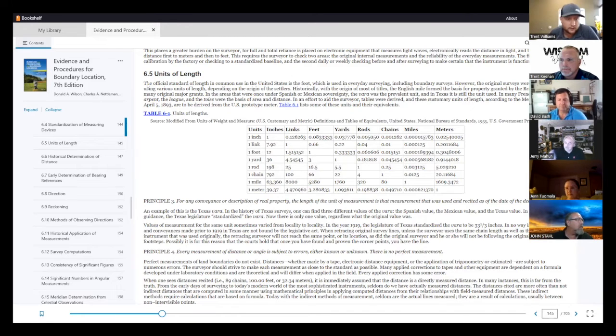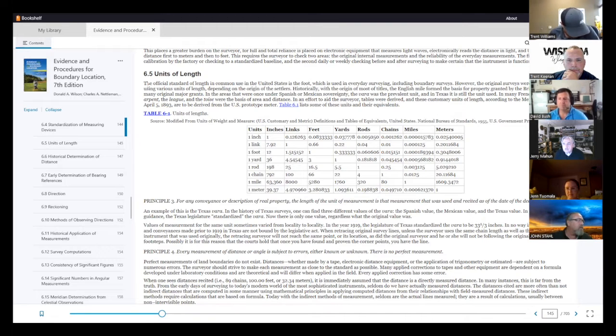Others have enacted laws that the US survey foot is the standard unit. I don't think any state currently has laws that say the meter is the standard unit of measurement. But NAD 83 was based off the meter, and we've got a county here that publishes a lot of their stuff in meters because they're using NAD 83. So you've got to do that conversion.